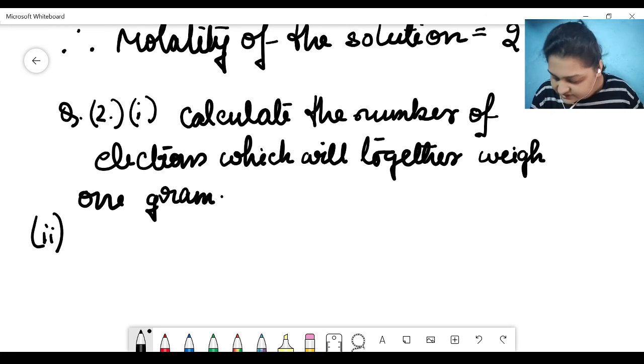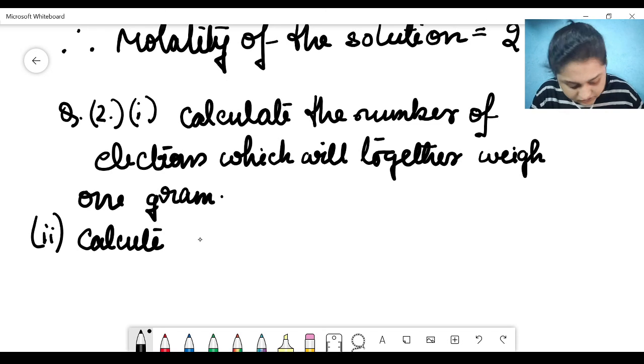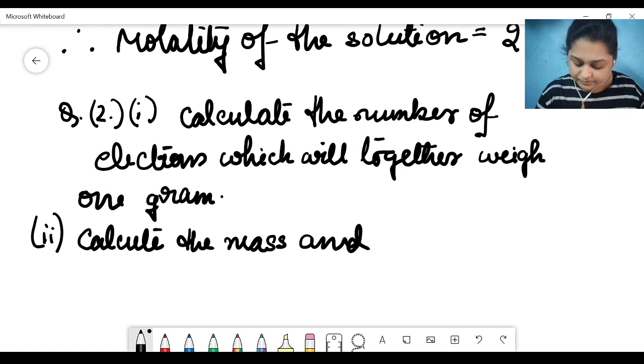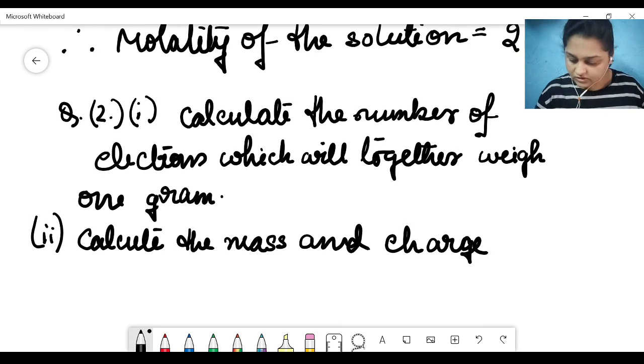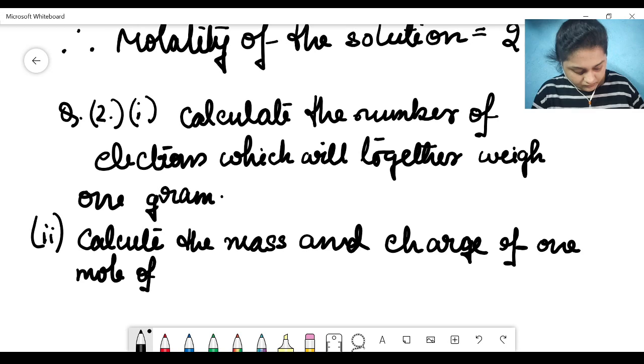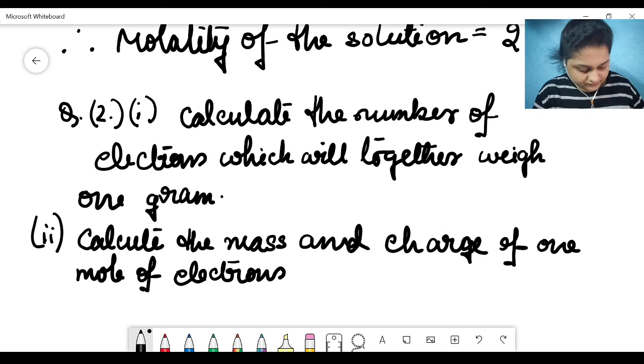Along with this one, there is a second question in this particular question, which is calculate the mass and charge of 1 mole of electrons.